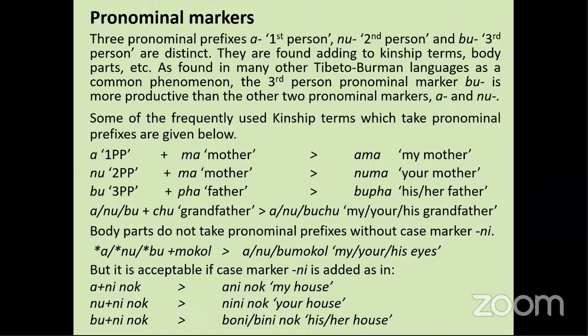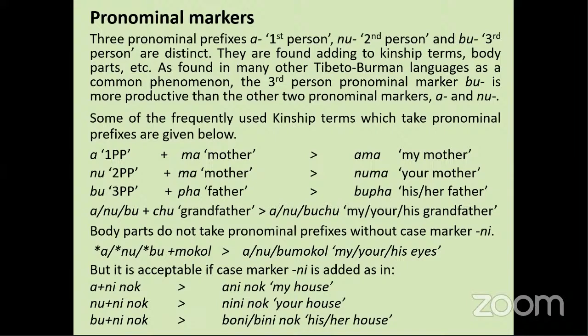And again, we can add to one of the kinship terms like chu, okay, a plus chu, achu, my grandfather, and nu plus chu, nuchu, bu plus chu, buchu, like that. Body parts do not take pronominal prefixes without a case marker.